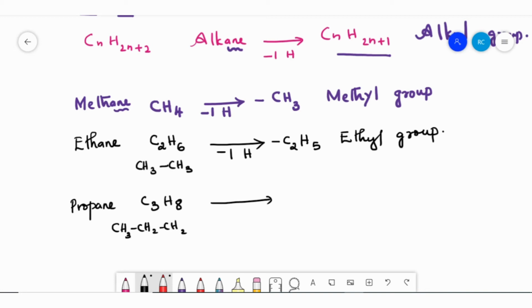When you remove one hydrogen, the formula becomes C3H7. This is the propyl group.